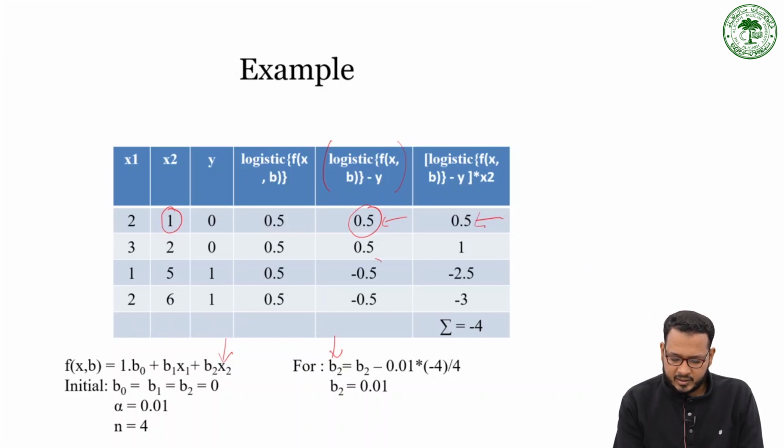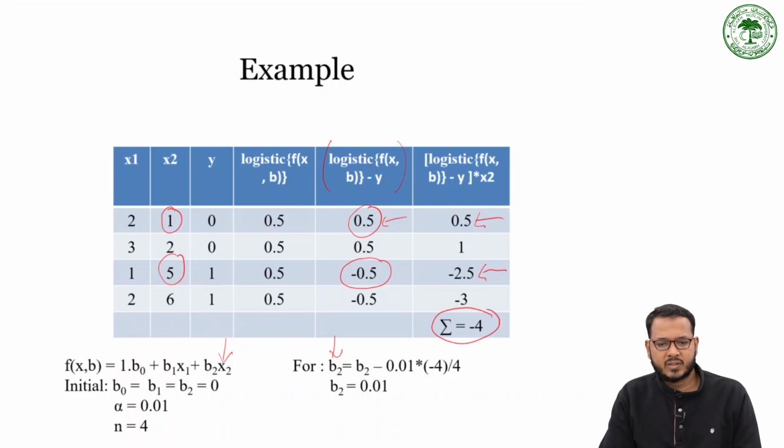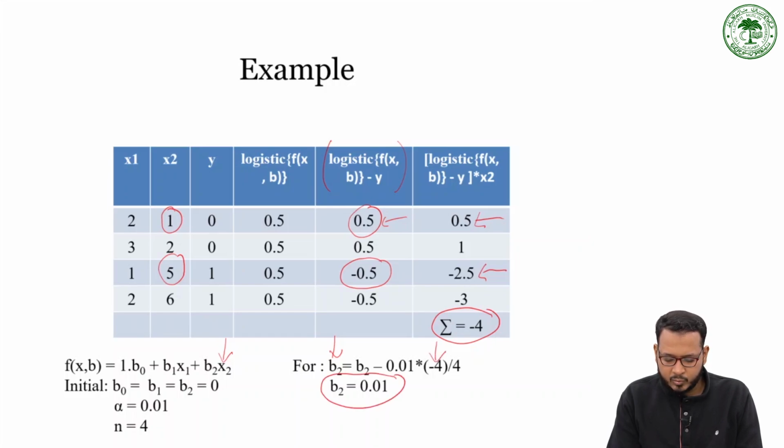In this specific case, we multiply the logistic value with the corresponding value of x2, so the answer would be minus 2.5, and so on. Once we have calculated all these values, we calculate the final sum, which turns out to be minus 4. And when we put it here, the updated value of B2 is going to be 0.01.